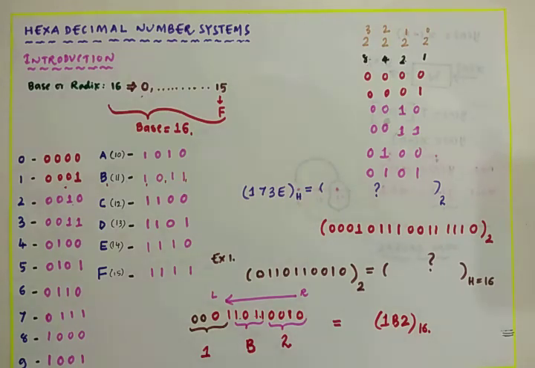Likewise we can convert the given hexadecimal number into binary form, or the binary number into hexadecimal form. That was binary to hexadecimal.